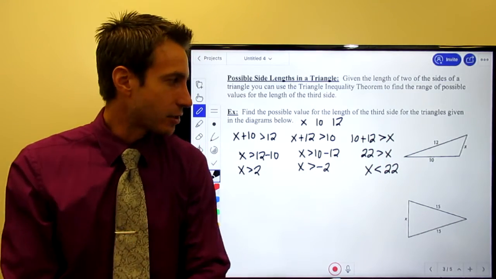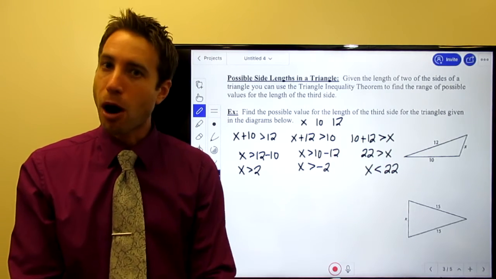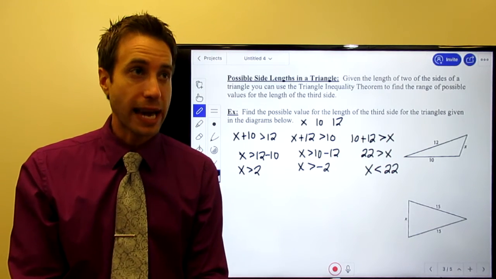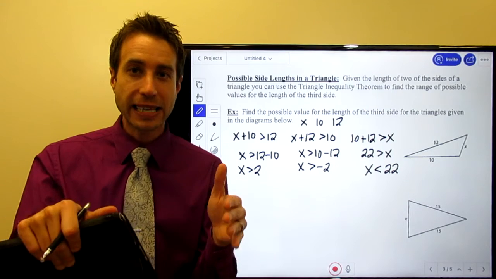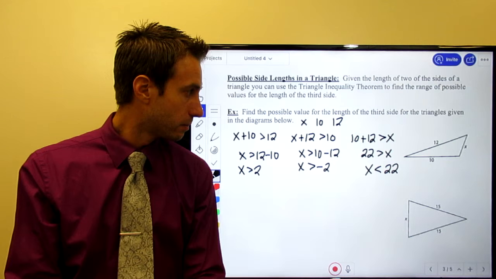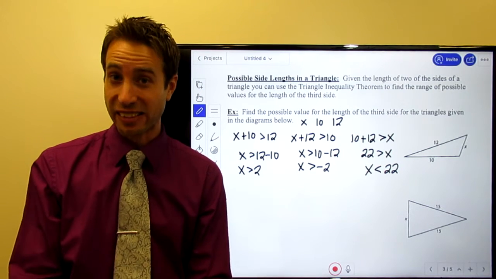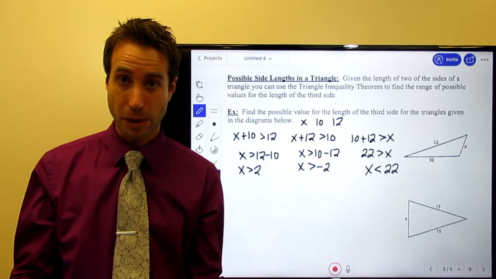Now, I get three answers, but let's take a look at these for a second. Is it possible to have a triangle with a side length that is negative? No, that's not possible. You cannot have a length that is a negative number.